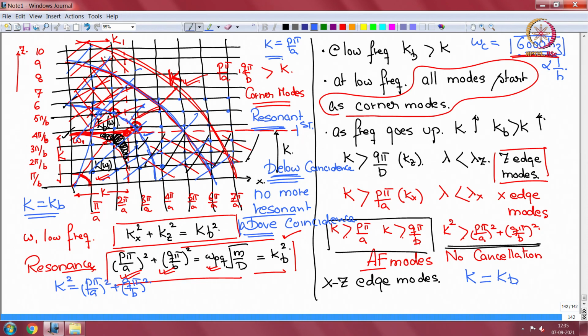Okay, so this is how the modes behave as a result of change in frequency, and we have brought in the idea of resonance also. Okay, so this is the story of panel radiation.